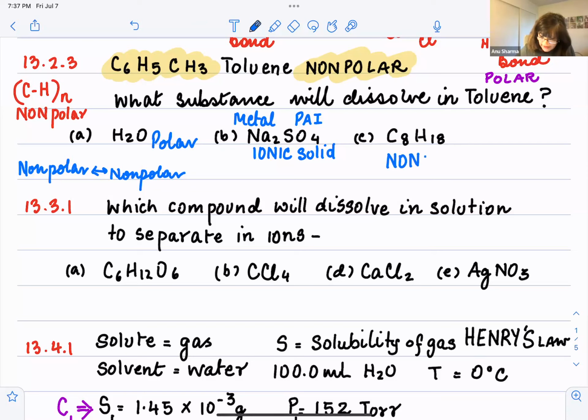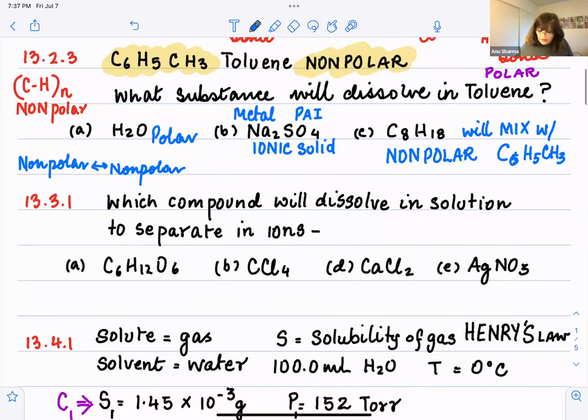So toluene and C3H18 are going to mix. Non-polar will be soluble with toluene, C6H5CH3. Okay. All right.